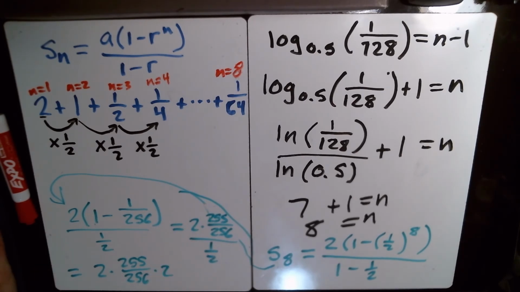So let's see. 256 divided by 4, because we've got 2 different 2's that are going to cancel out with things on the bottom. I think that will be 255 over 256. And you don't really need to write the fraction for this.